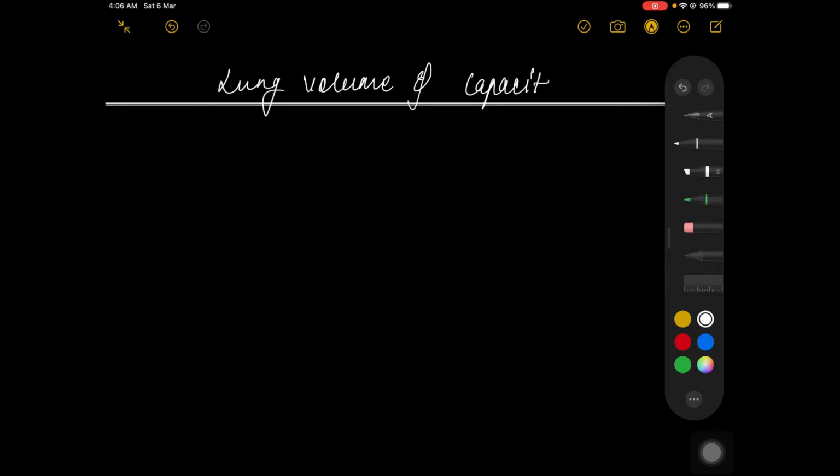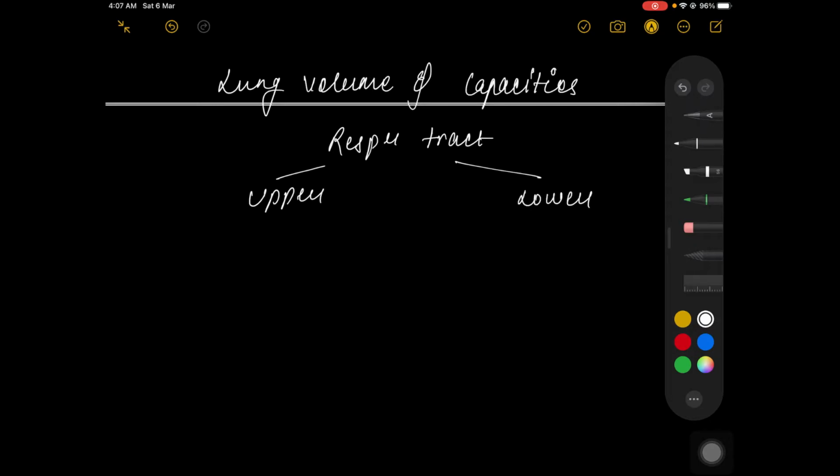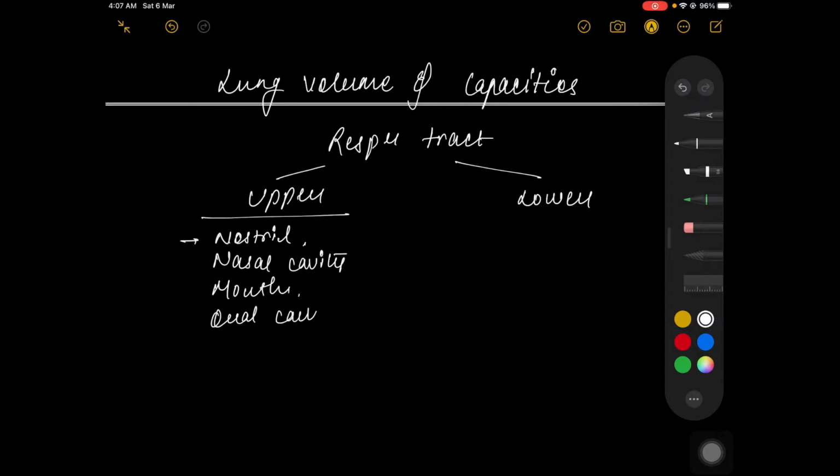Before getting into the topic directly, let us take a look at the respiratory tract anatomy. The respiratory tract is basically divided into the upper and the lower respiratory tract. The upper respiratory tract includes the nostril, the nasal cavity, mouth, oral cavity, pharynx, and the larynx.